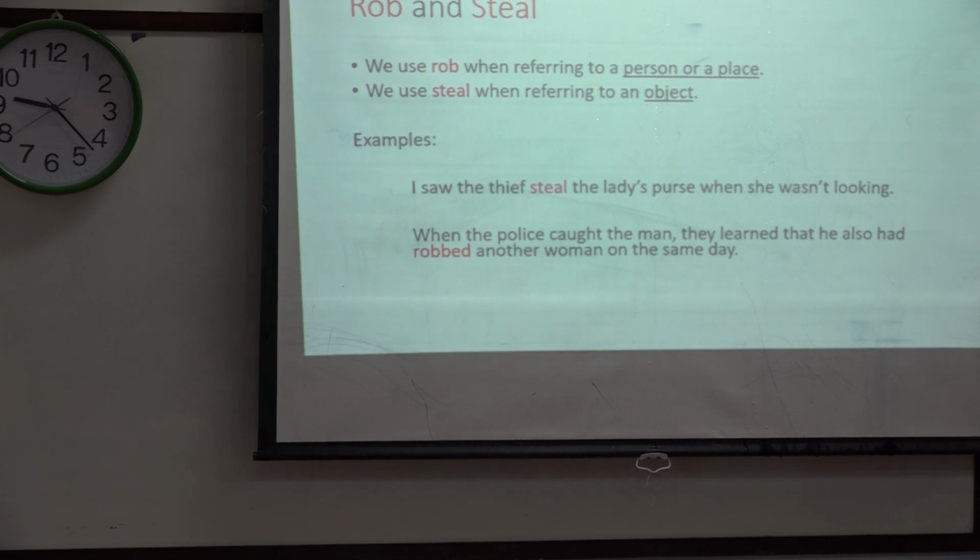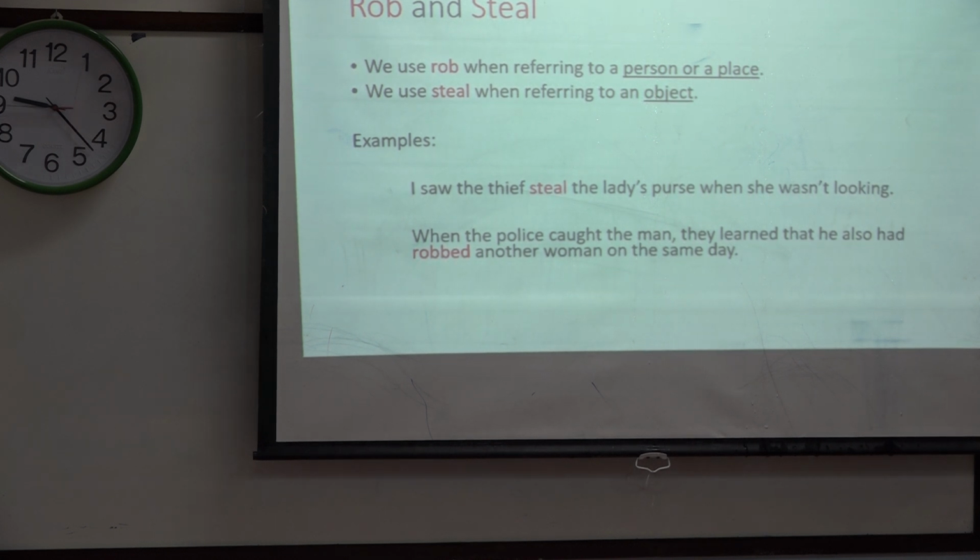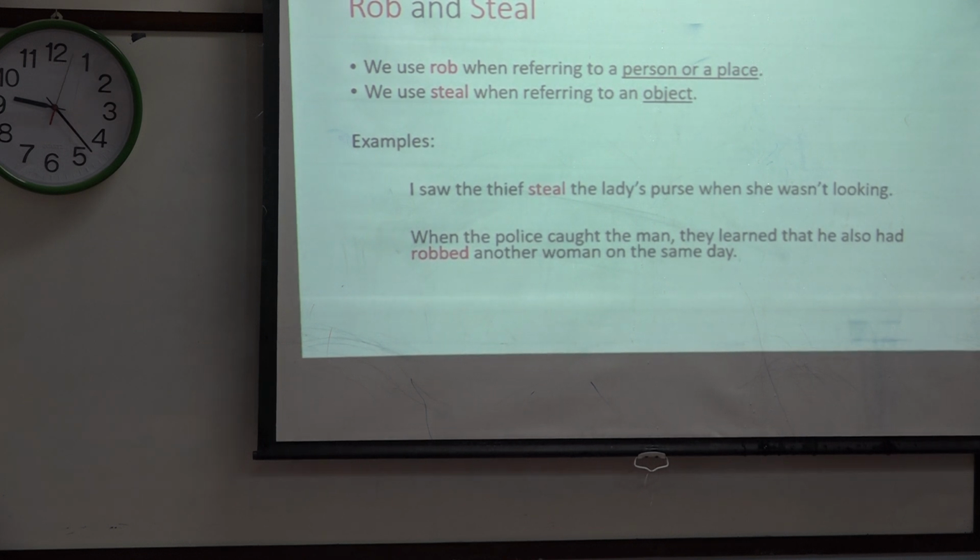This one is steal. Yes, if you left the room and I went and I took your bag, I would steal it. I would have stolen your purse. If I steal from you, then that would be rob. So if you're walking down the street and someone rips your purse off your shoulder, they've robbed you.